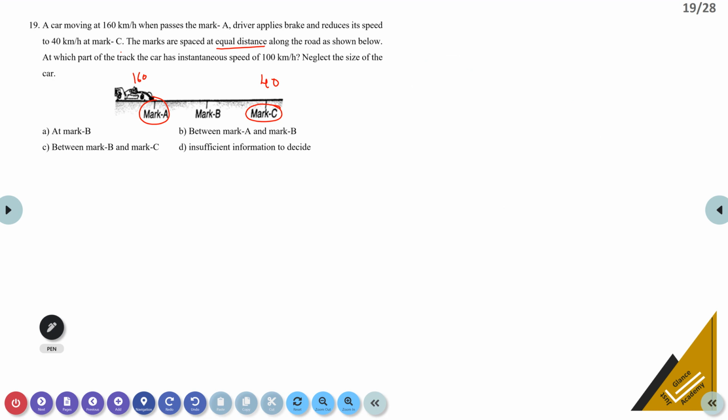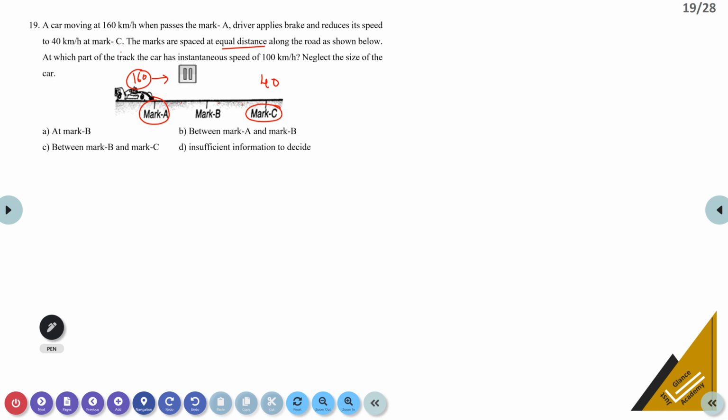Here it is asking where the speed becomes 100 from 160, whether it comes here or here. Choices: at mark B, between A and B, between B and C, insufficient information.